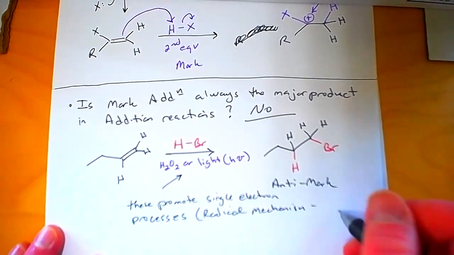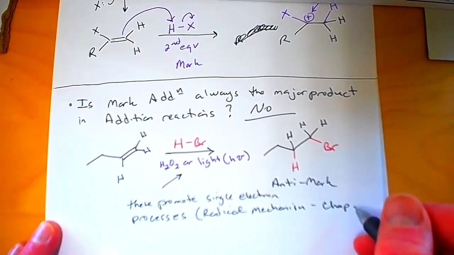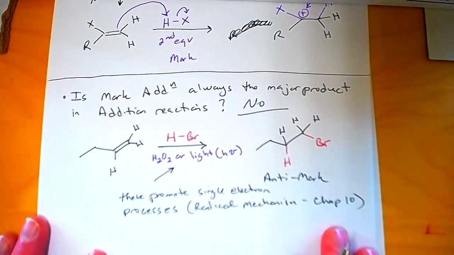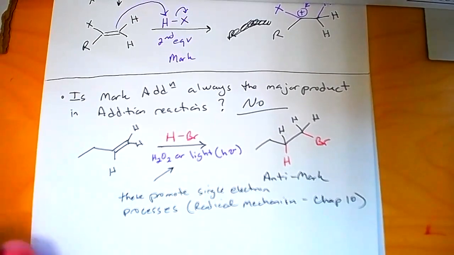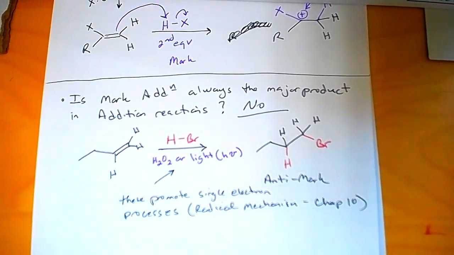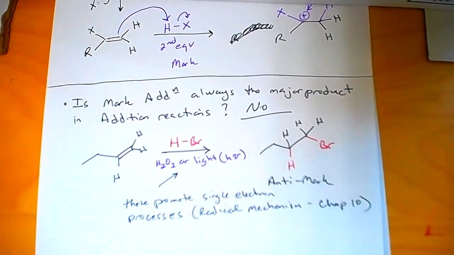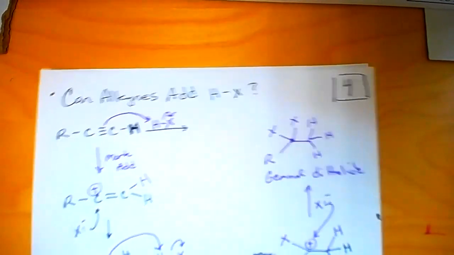That's going to be the subject of chapter 10 when we get there, and I'm going to go through the mechanism at that time. But I do want to mention it now, just because there are some questions in chapter 8 that do mention this. Don't worry about the mechanism now. We will come back to it later.